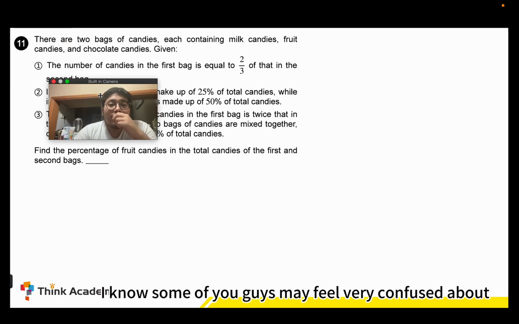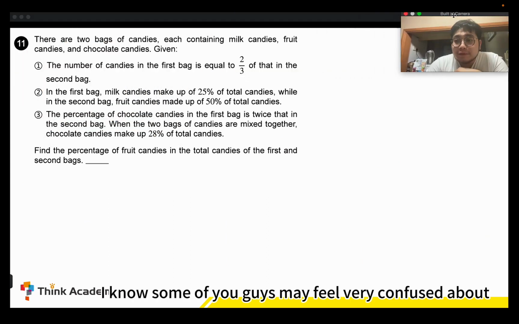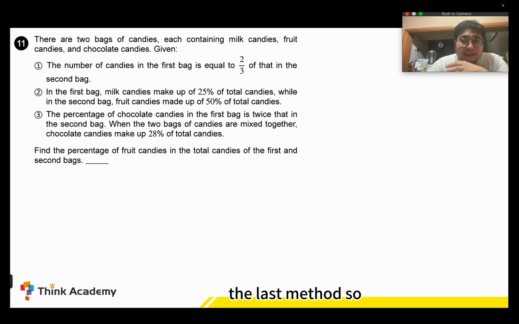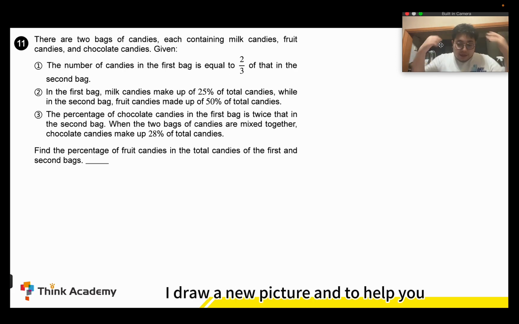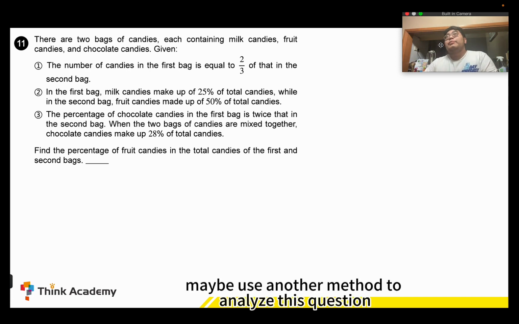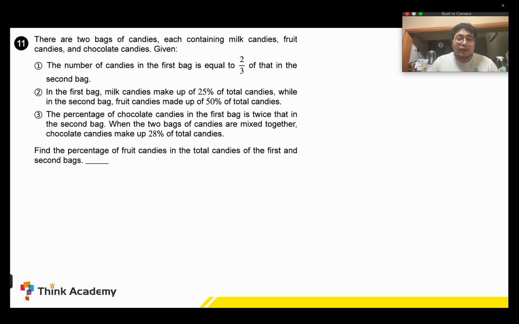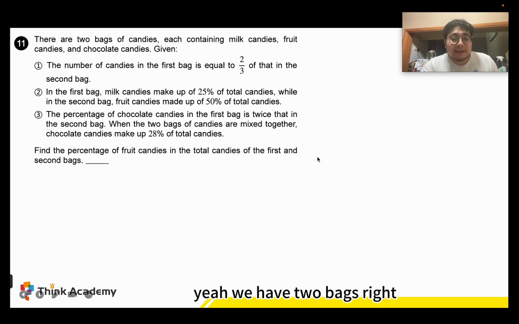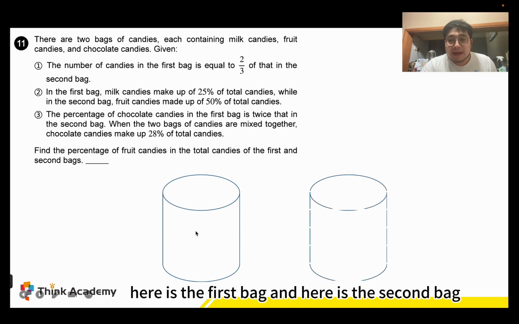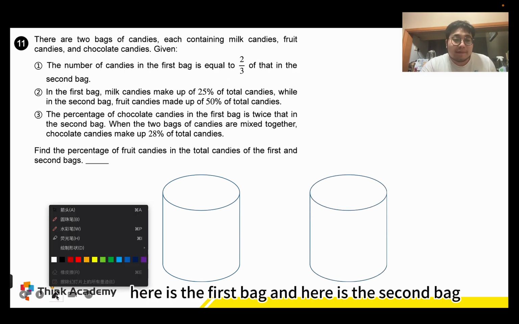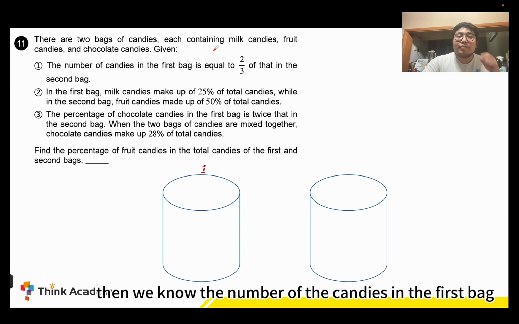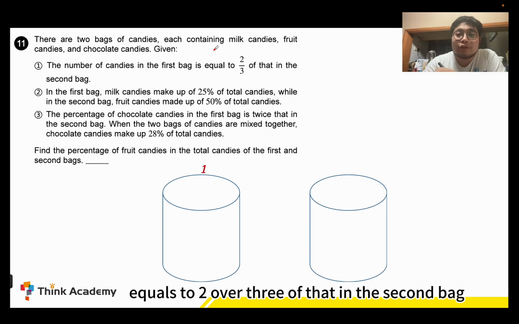Okay, I know some of you may feel very confused about the last method. So I drew a new picture to help you, maybe using another method to analyze this question. So we have 2 bags, right? Here is the first bag and here is the second bag. We know the number of the candies in the first bag is 2/3 of that in the second bag.